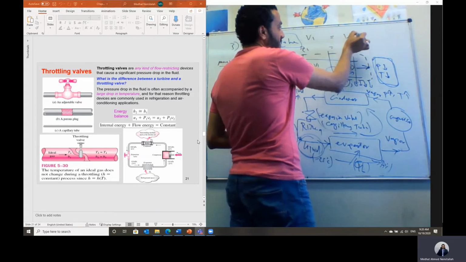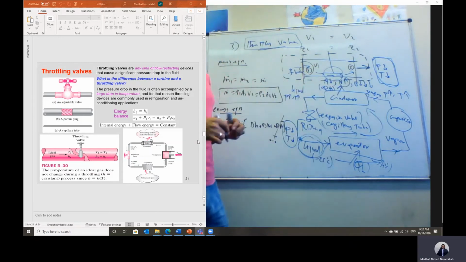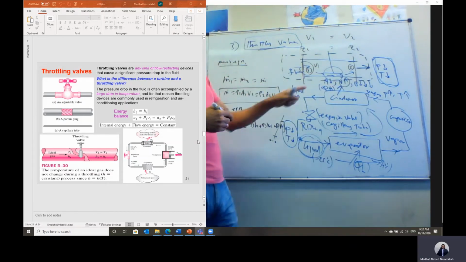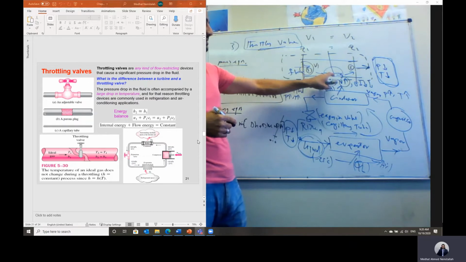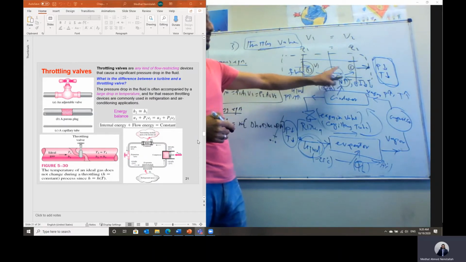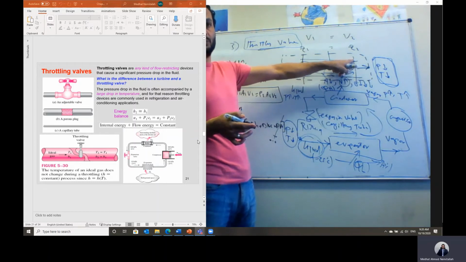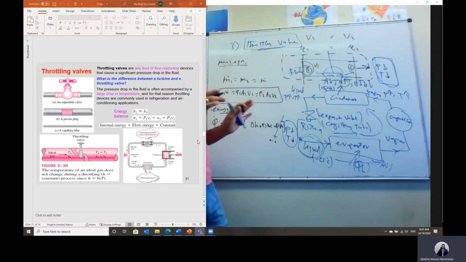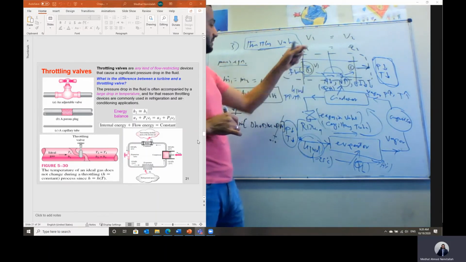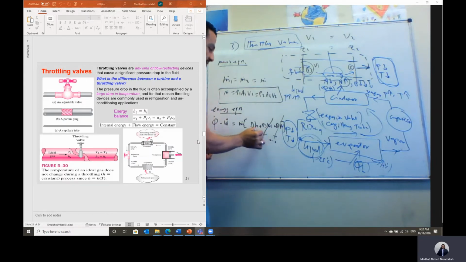So V1 will be almost the same as V2. The velocity is increased just below this valve, but after the valve the flow retains the normal area of the tube, so it should have a very similar velocity. So usually V1 is the same as V2, and the change in kinetic energy will also be 0.